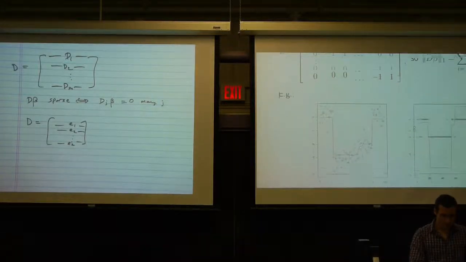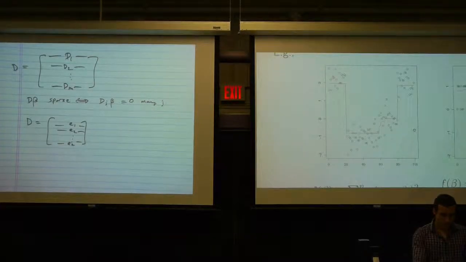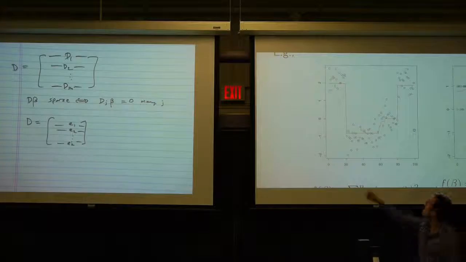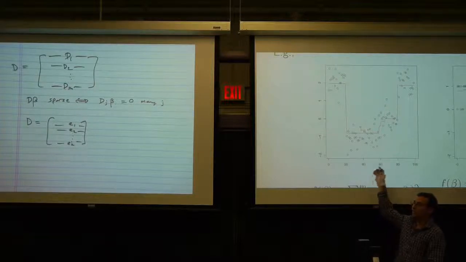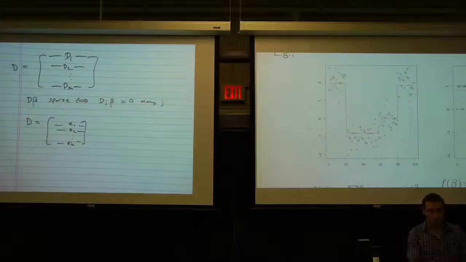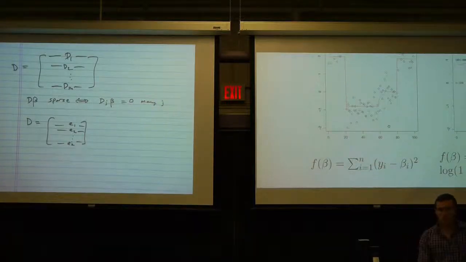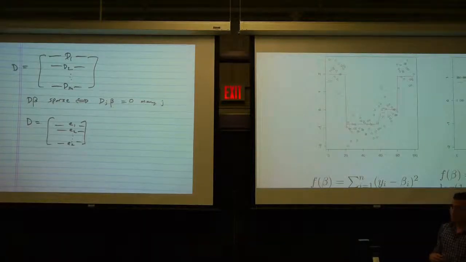So here's an example of this problem in action. I just took some measurements here, between 0 and 100. I had 100 points, so I took measurements at indices 0 through 100, and I chose f to be the least squares loss. So that means for every index, I'm fitting a value beta i to the observed value yi, which is this vertical value.